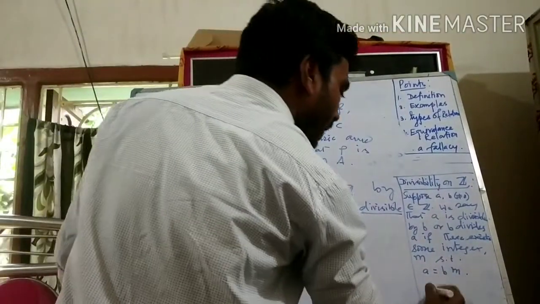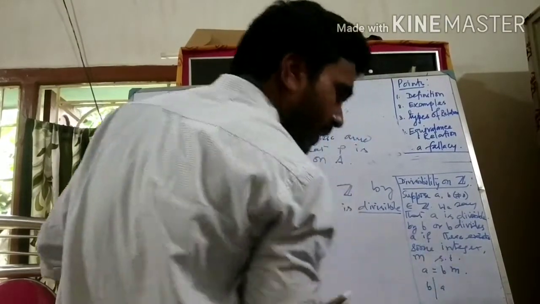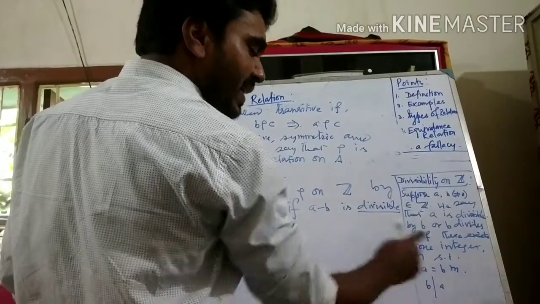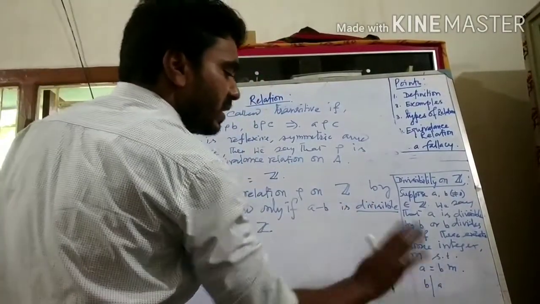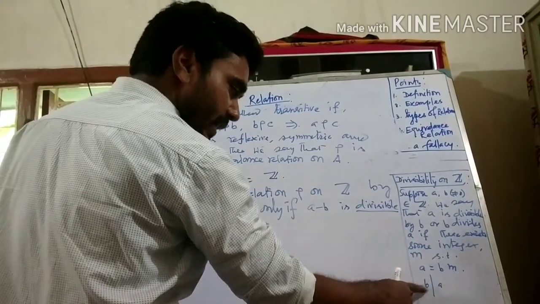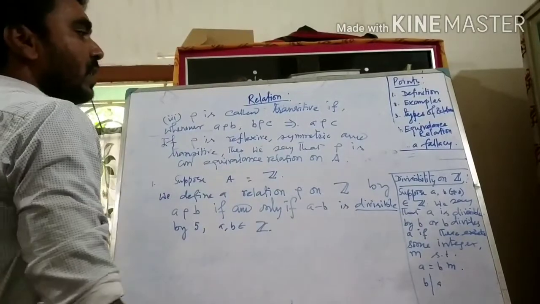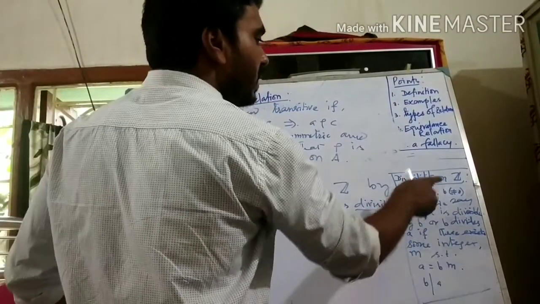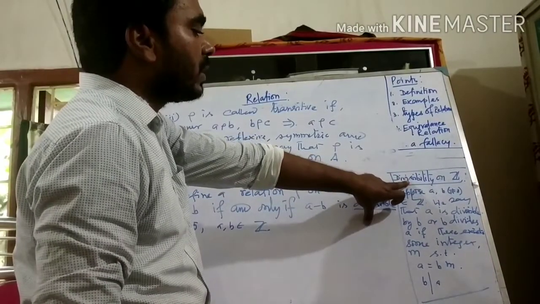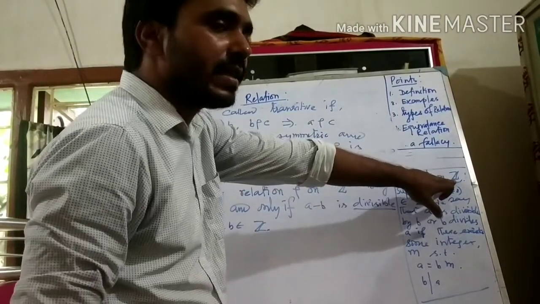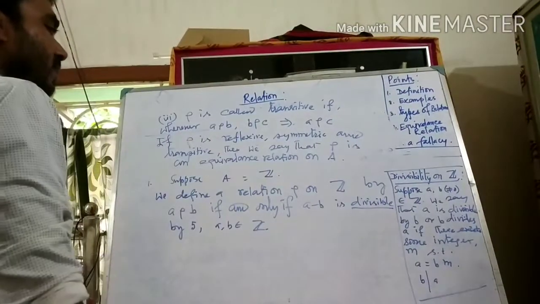We denote it by B | A, and we read it as B divides A, or A is divisible by B. So this is the definition of divisibility on the set of integers. The definition of divisibility depends on the set that you are going to define it on.